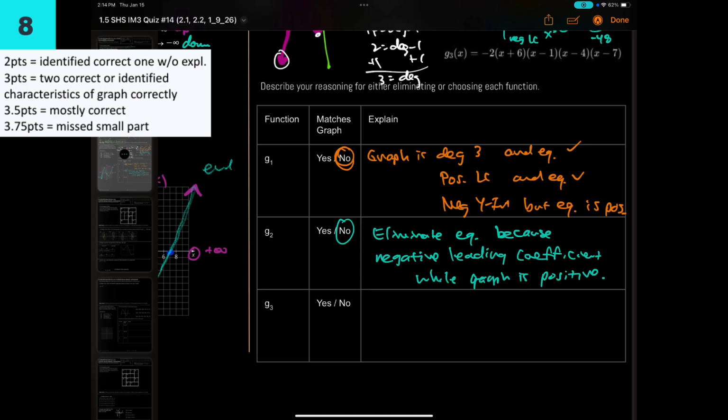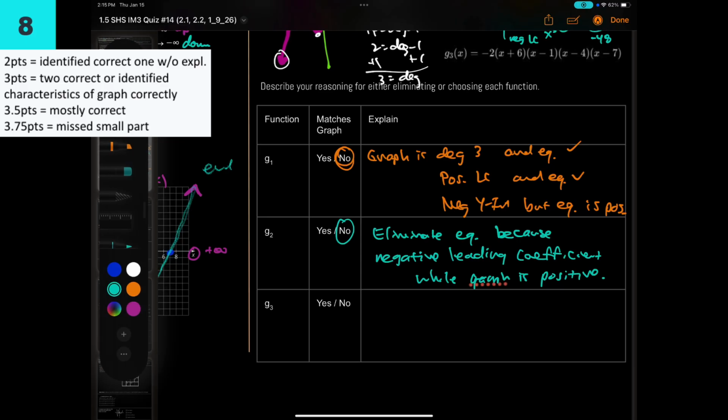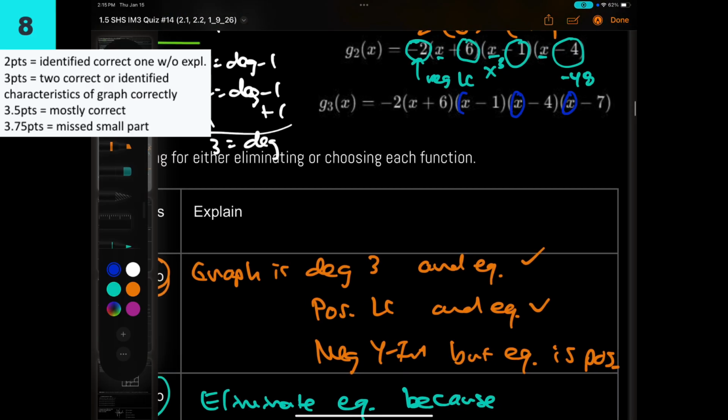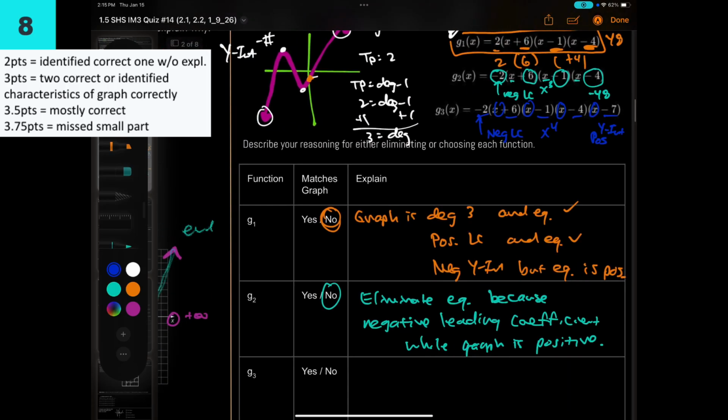Okay, let's do the last one. Okay, so this one, you can just notice you have 4 x's here. We have a negative leading coefficient, and then the y-intercept, let's say -7, -4 is 28, -28, negative times a positive, negative, and then positive. So you don't have to calculate all the numbers.